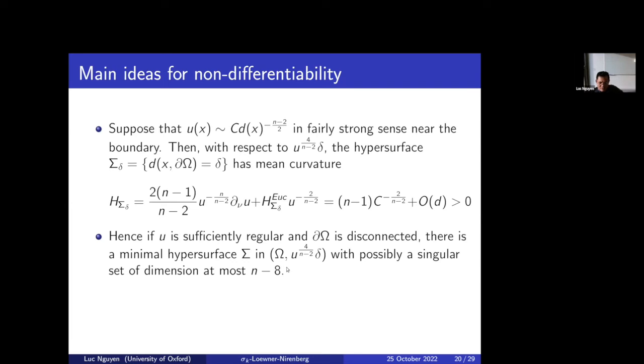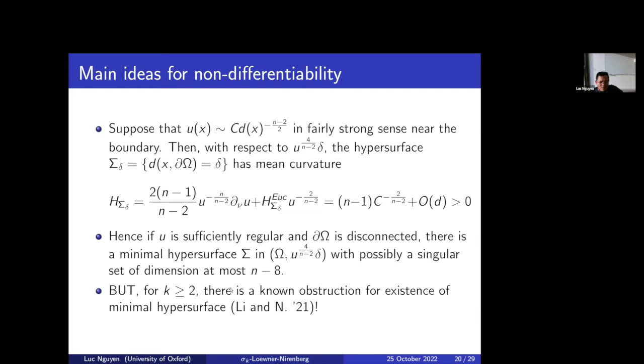If the dimension is bigger than 8, the hypersurface could have some singular set in it, but the codimension would be at least 8. But in the work that I did with Yan earlier on, we know that when k is bigger than 2, there is an obstruction for the existence of a minimal surface. So let me show you the statement for this obstruction.